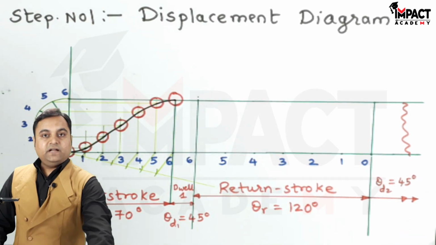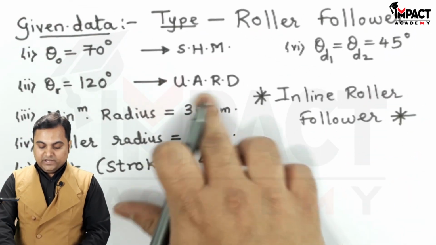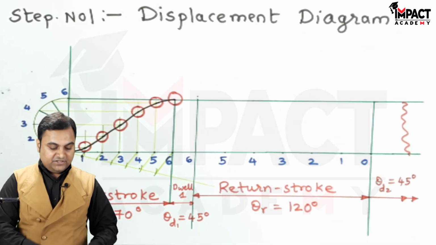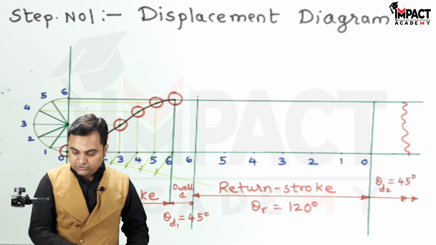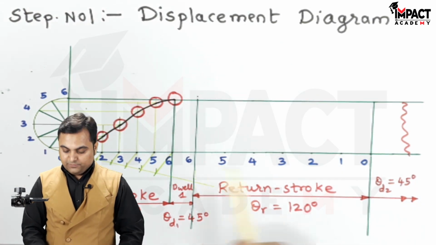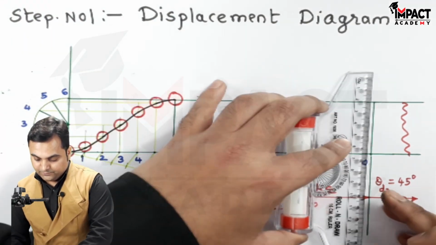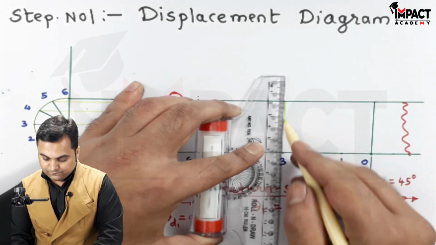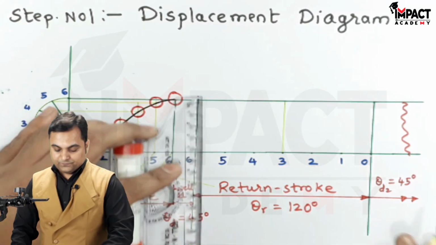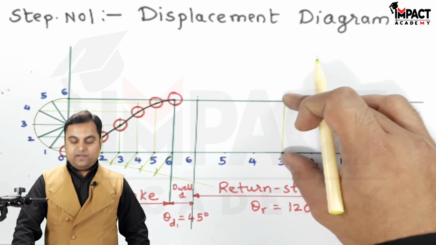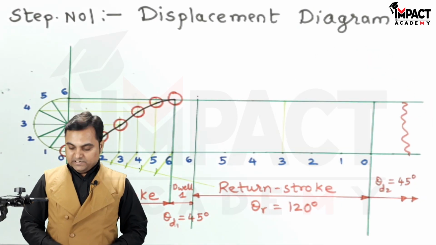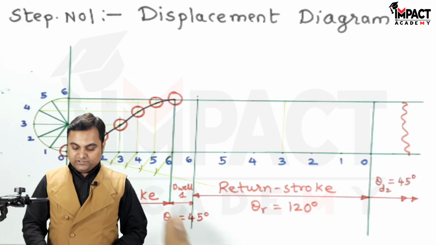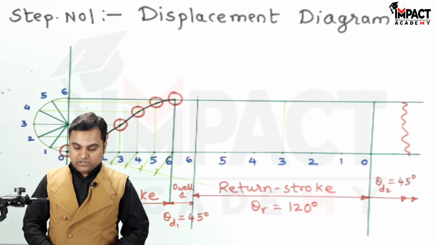Now it is given that the return stroke is with UARD, uniform acceleration and retardation, and how to draw for that. Project a light vertical line from the midpoint of the return stroke, that is point number 3. And now since this lift was 45 mm, I need to divide this lift into 6 equal parts, and for that also I am following the same procedure which I have done here for the outstroke.